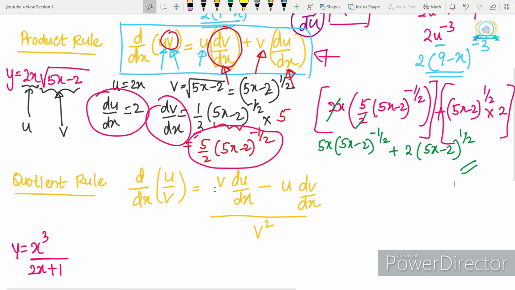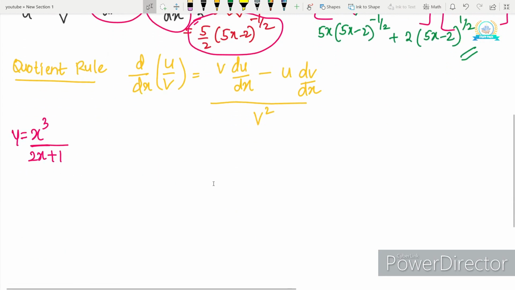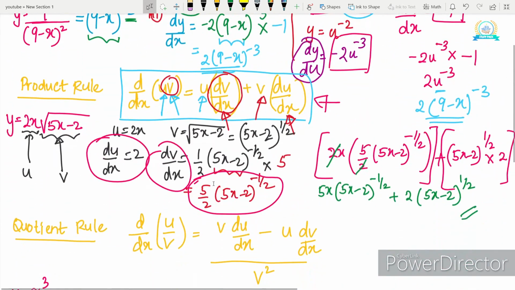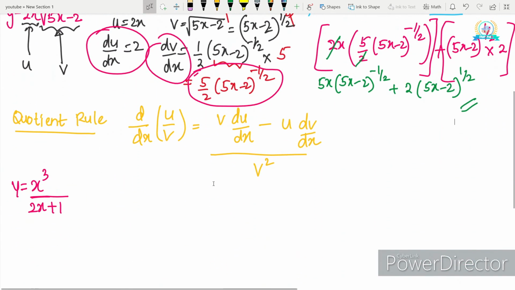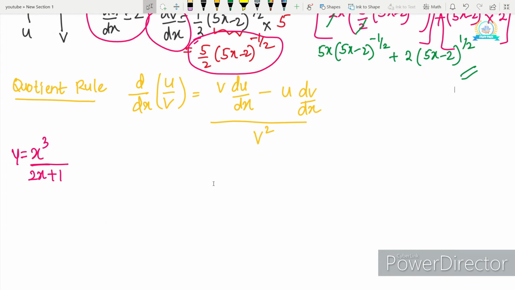So then moving on to the quotient rule, the last rule I will discuss in this video, and again it's another easy rule. The quotient rule is defined for dividing two functions.